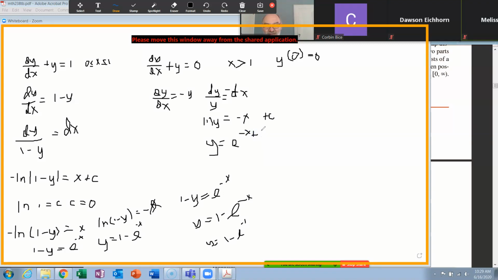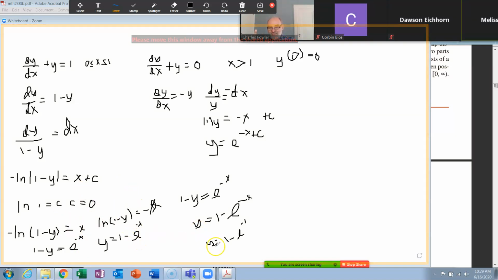Now this is not the same c as the c before. I should probably give it something else, but this is a different problem. So understand that's a different c. This time, here's the, you might say, initial condition. When x is equal to 1, y has to be equal to 1 minus e to the minus 1.